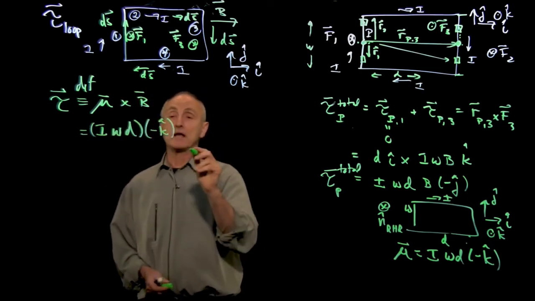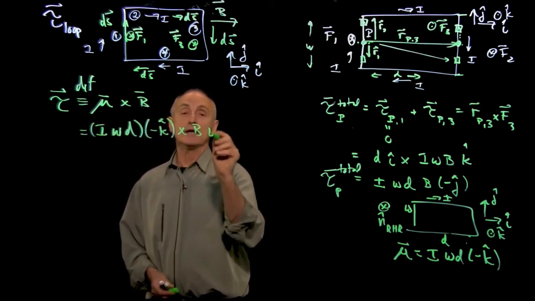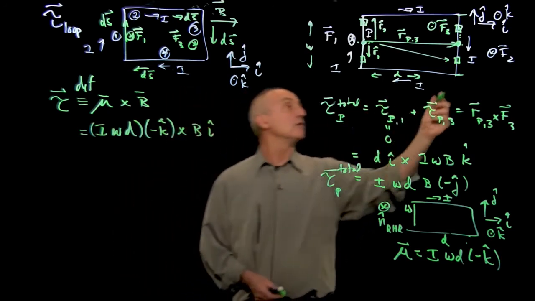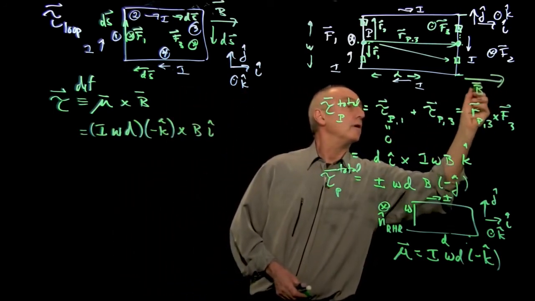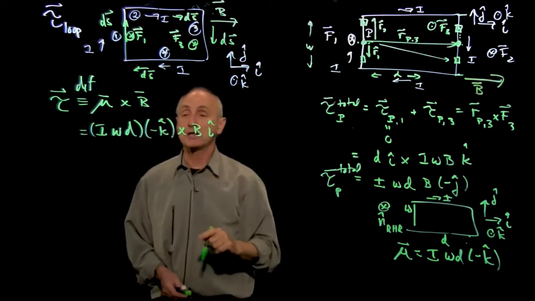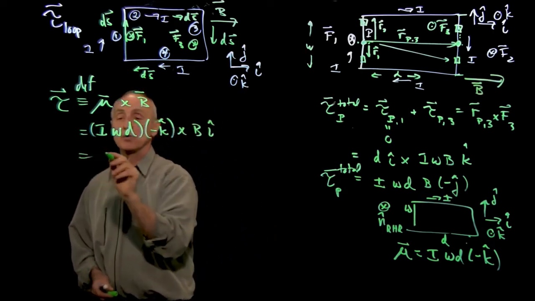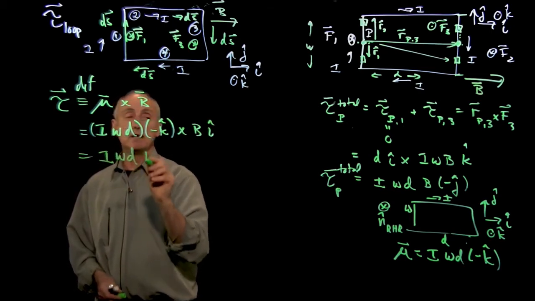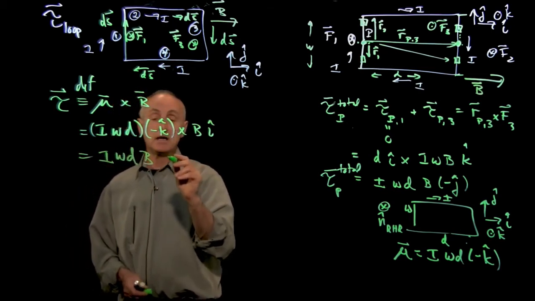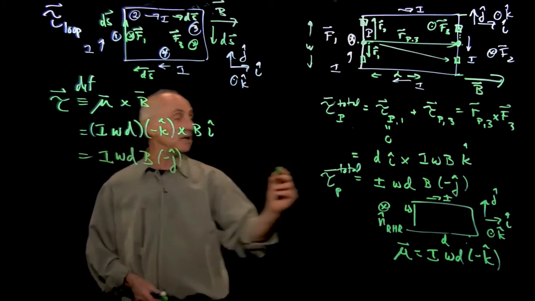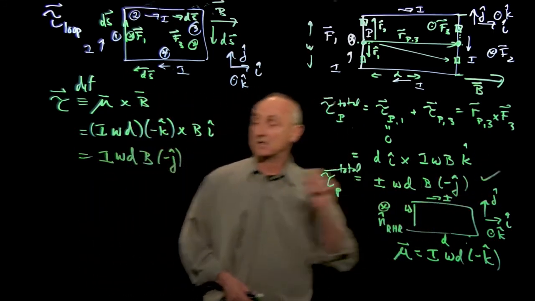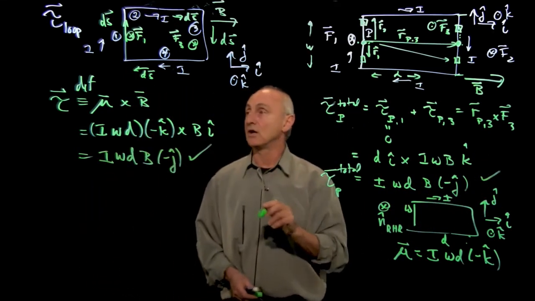Our magnetic field is pointing in the I hat direction. And k hat cross I hat is j hat, so minus k hat cross I hat is negative j hat. And so we get I W D B in the negative j hat direction. And that's exactly what we calculated.